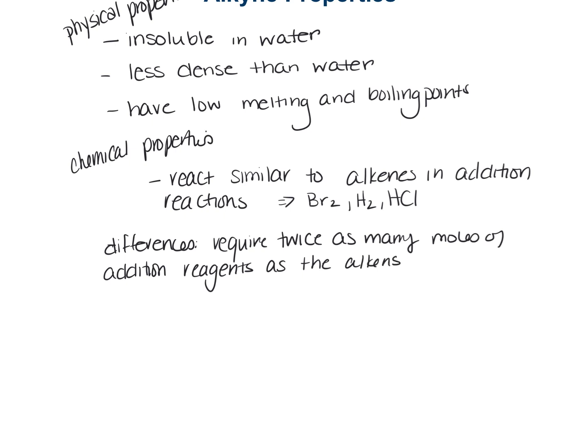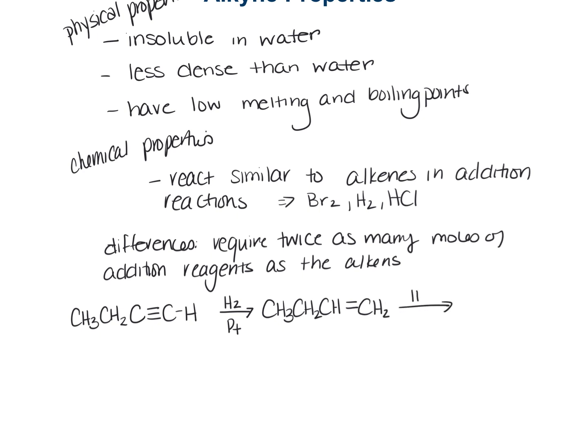And so the reason that happens is, for example, if we had CH3, CH2, C triple bond CH here, and we reacted it with H2 and platinum, what we would see is that it would react to form then a double bond, but then it would also immediately react again to go on and form a single bond here.